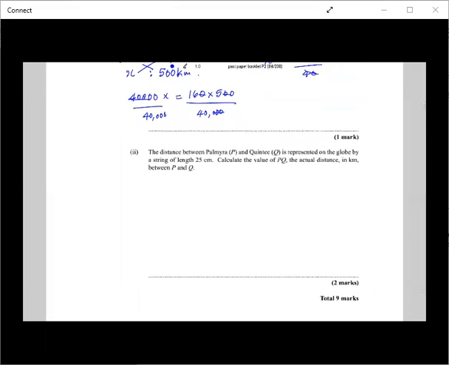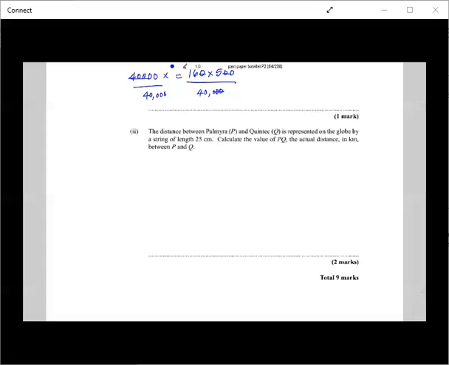All right. The last part of the question says the distance between Palmyra, P, and Quintet, Q, is represented on the globe by a string of length 25 centimeters. Calculate the value of PQ, the actual distance in kilometers between P and Q. So the distance on the map is 25 centimeters.